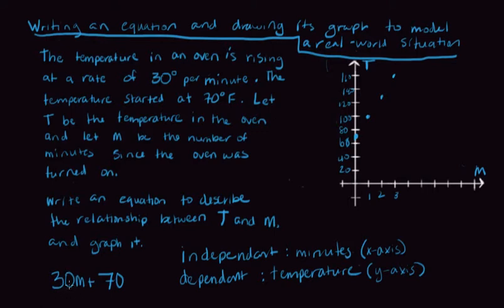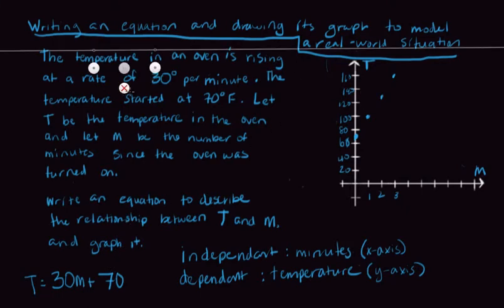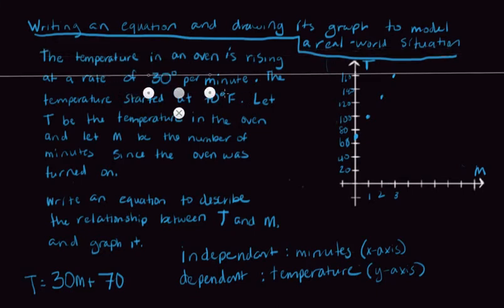So 30 plus 30 plus 30 plus 30, every time we have another minute, we can just write that as 30 times M plus 70. So the temperature in this oven should be 30 times the number of minutes plus the original 70 that we had from the start, because it started at 70 degrees.